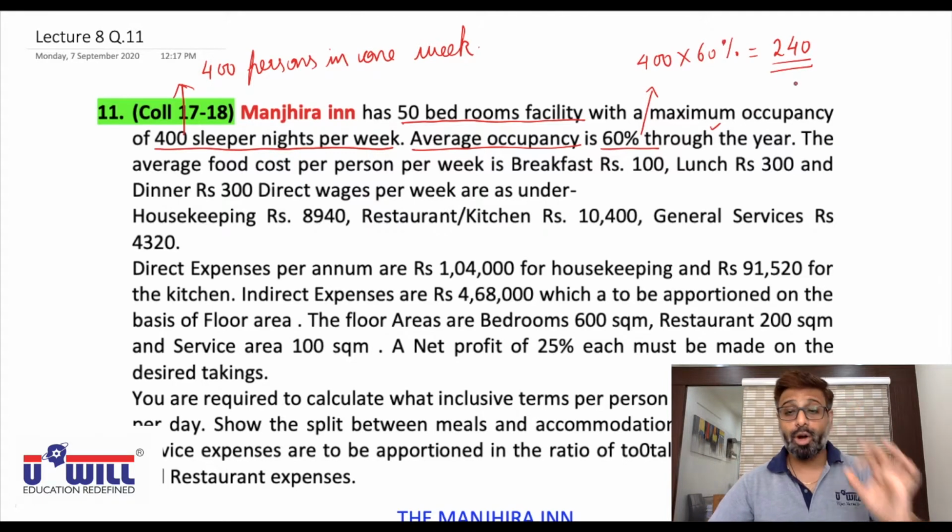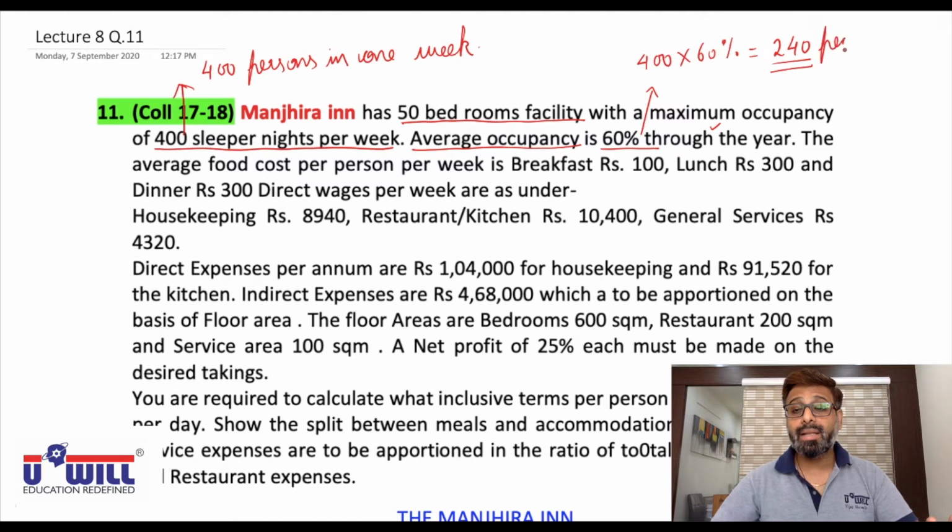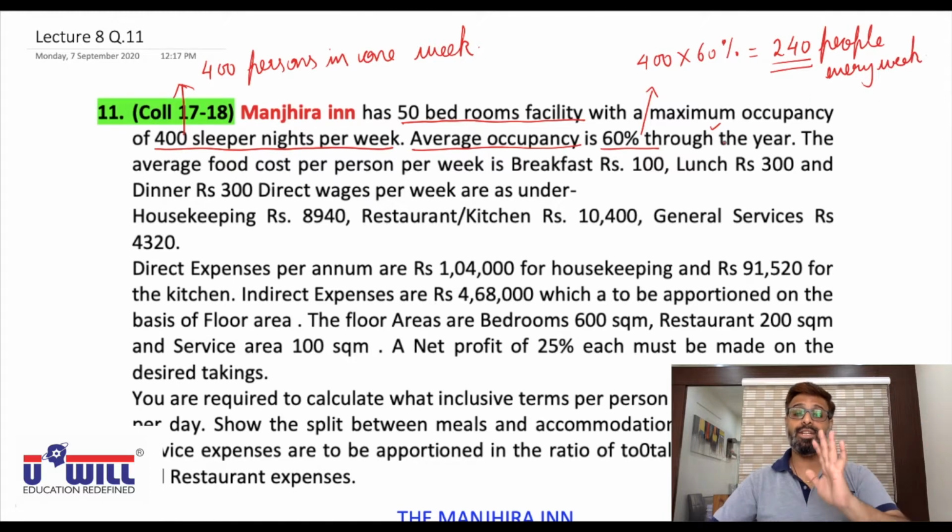It means 240 people stay in the hotel every week throughout the year on an average. So whatever money we have to recover, whatever cost we incur, we have to recover it from only 240 people.